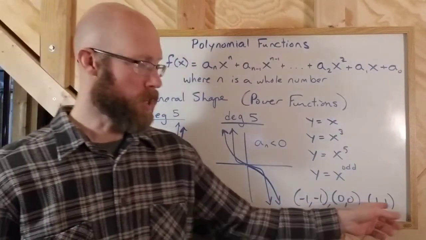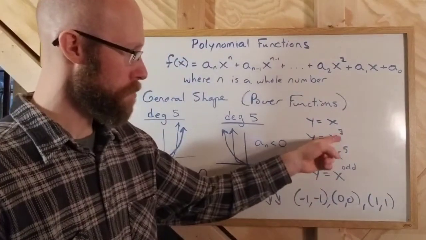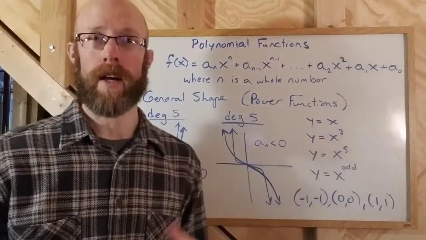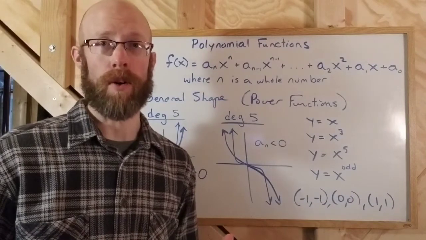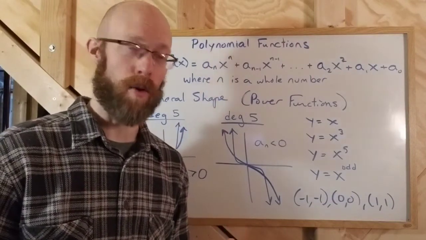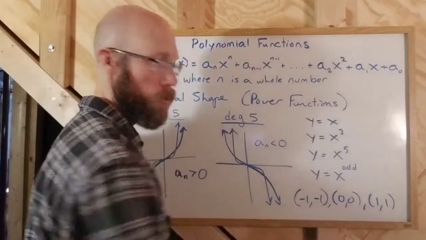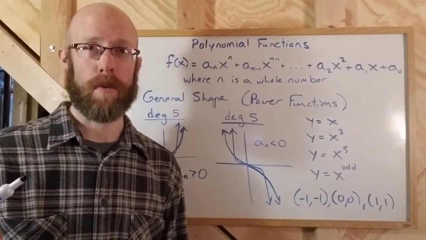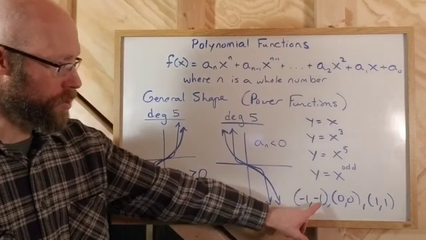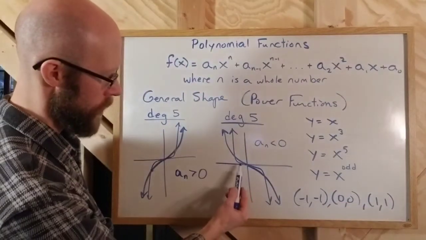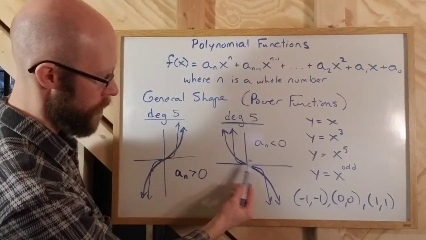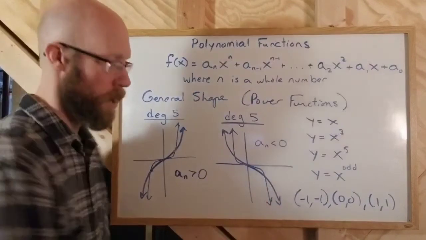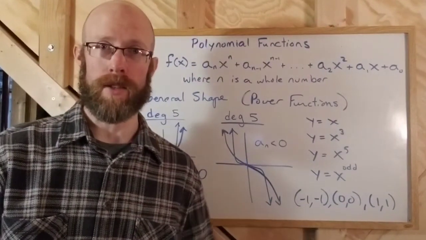But these 3 points generally don't change by adding power. So if I wanted x to the 51st power, as long as that's an odd power, it will contain these 3 points. If I wanted -x to the 51st power, then I just change the sign on the outputs, so that the negative input gives me a positive output and a positive input gives me a negative output, and I get the same thing.